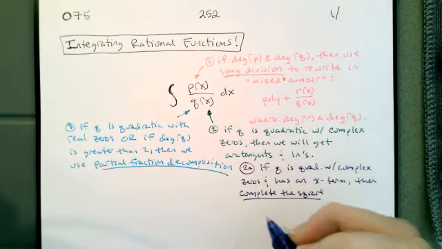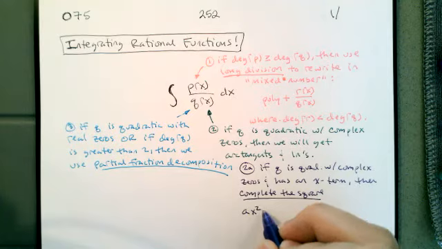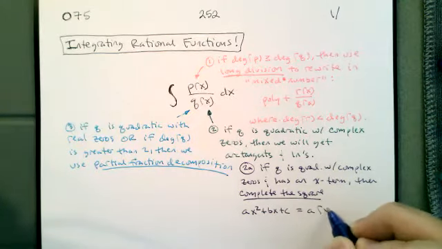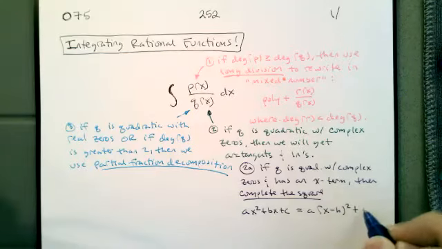That is, rewrite it from standard form, ax squared plus bx plus c, to vertex form, a times x minus h squared plus k.